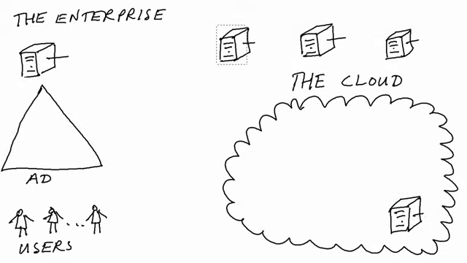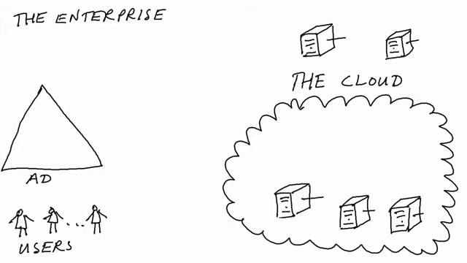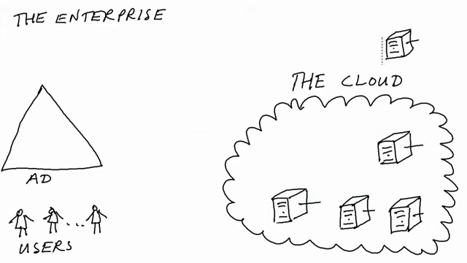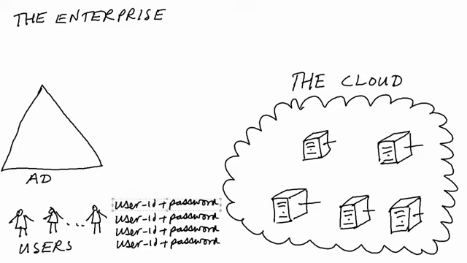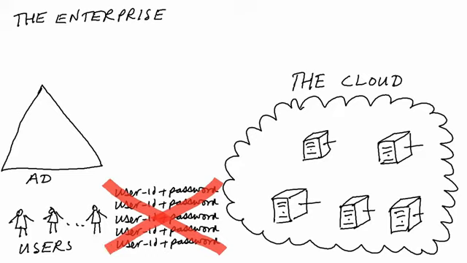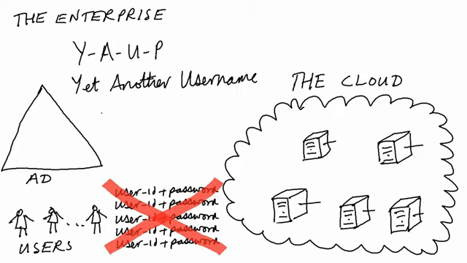It's because the technologies and protocols that are used inside the corporate network to provide single sign-on and digital identity coherency are not very good at spanning the internet. The result is that often an application that gets moved to the cloud can no longer take advantage of internal identity systems, and the user is presented with a YAUP, or yet another username and password to remember.